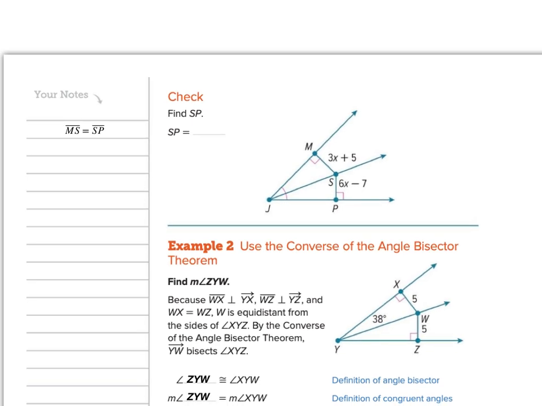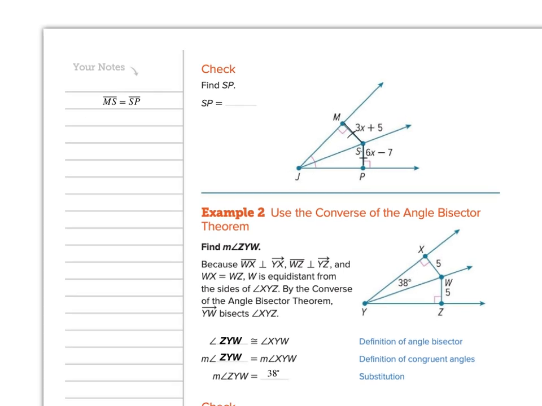Checking it here, looking at this, we know that MS is congruent to SP based on the angle bisector theorem. So we can make those two things equal to each other and solve. So we have 3x plus 5 is equal to 6x minus 7. Using your inverse operations to combine like terms, we subtract 3x from both sides, simplify, and then I'm going to add 7 to both sides, so 3x is equal to 12.